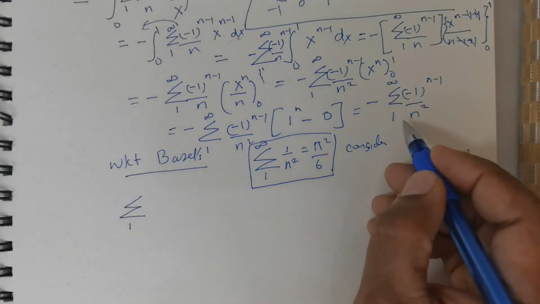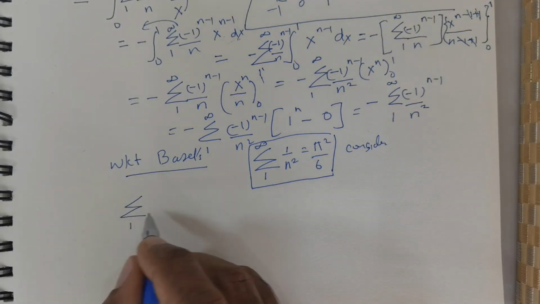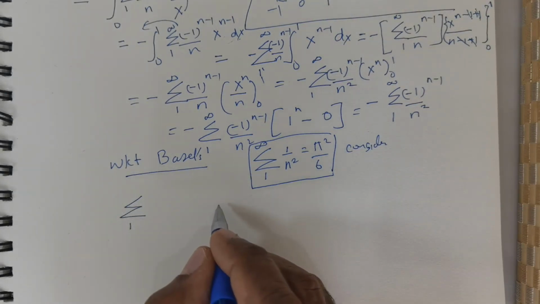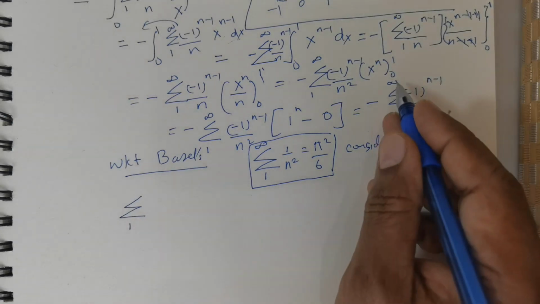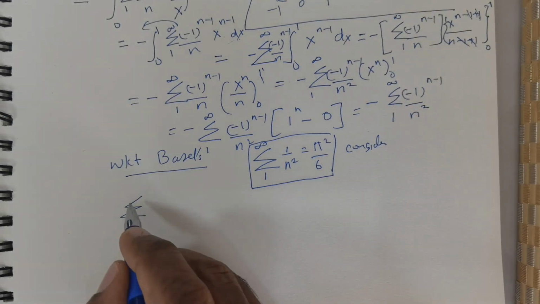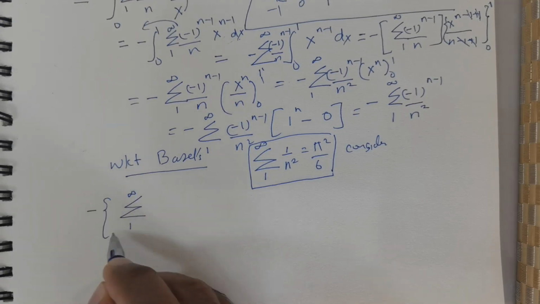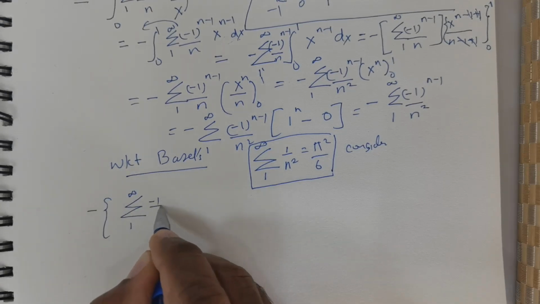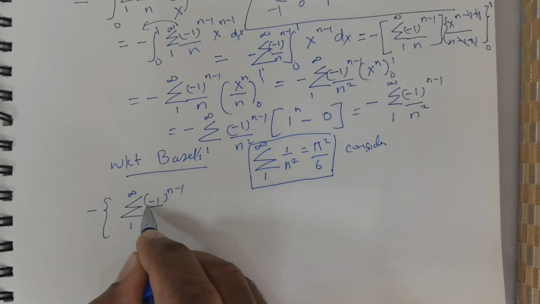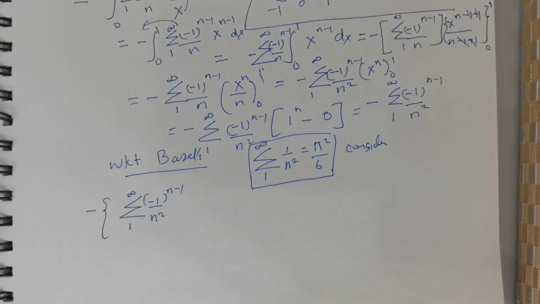So first let me write the series. n is equal to 1 to infinity, let me place the negative sign here, negative of (-1)^(n-1) divided by n squared.